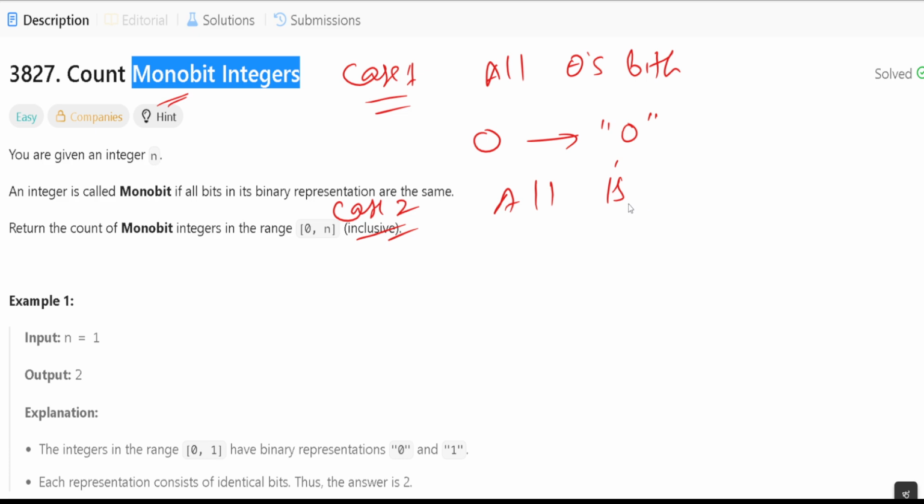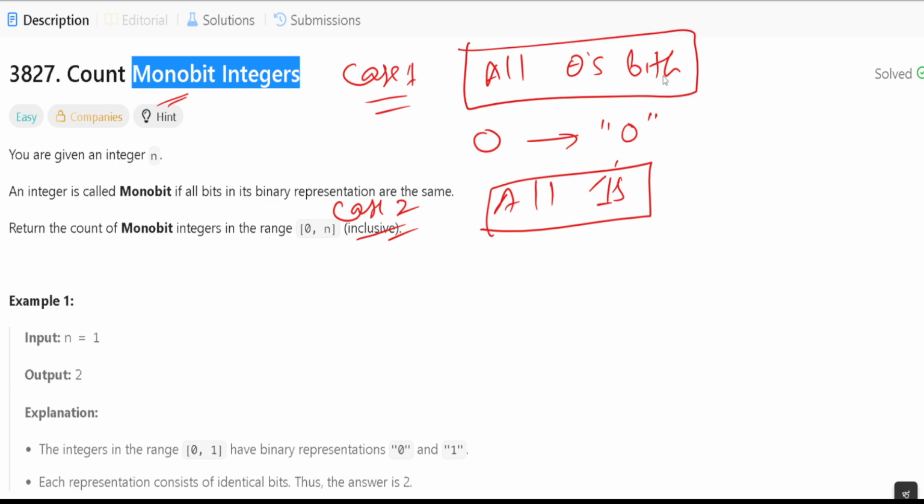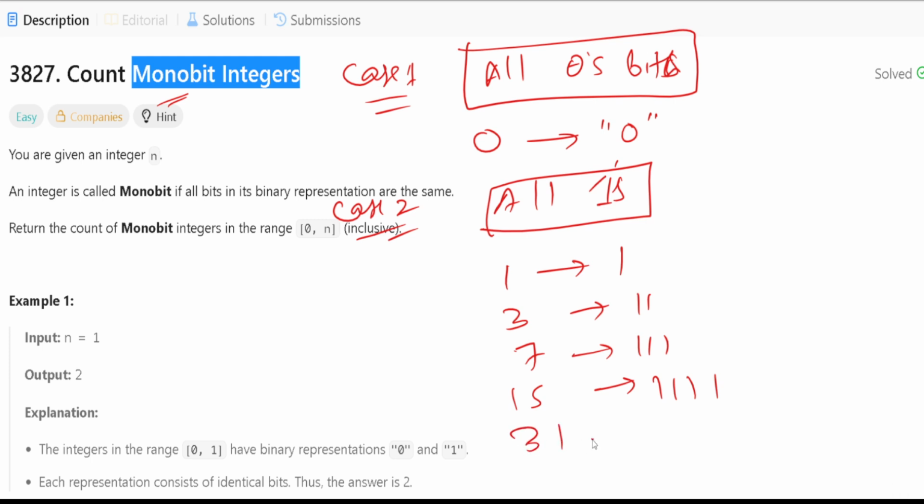So case 1 is all zeros, and case 2 is all ones. What do these numbers look like? 1 is represented as 1. 3 is represented as 11. 7 is 111. 15 is 1111, like this. 31 takes 5 digits, all ones. Like that we have to keep going in the range.